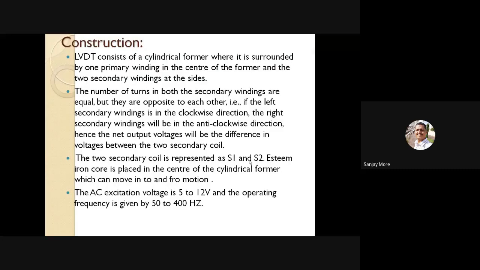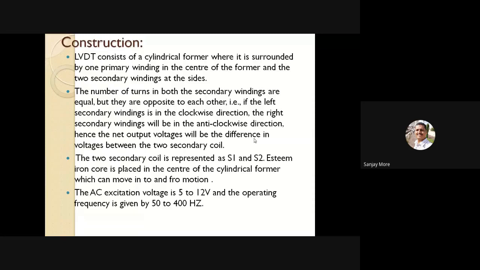So the construction: one core is used, then three coils, one primary and two secondary coils. The secondary windings are equal but opposite to each other. That is, if the left secondary winding is in the clockwise direction, then the right secondary winding will be in the anti-clockwise direction. Hence the net output will be the difference in voltage between the two secondary coils.